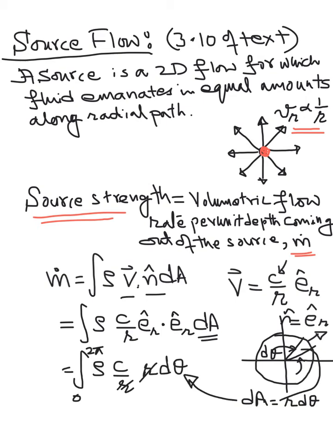In addition, I have applied the limits on theta, which is 0 to 2 pi. And now I will perform the integration, find the value of c, and substitute this value of c to find a relation between source strength and velocity.